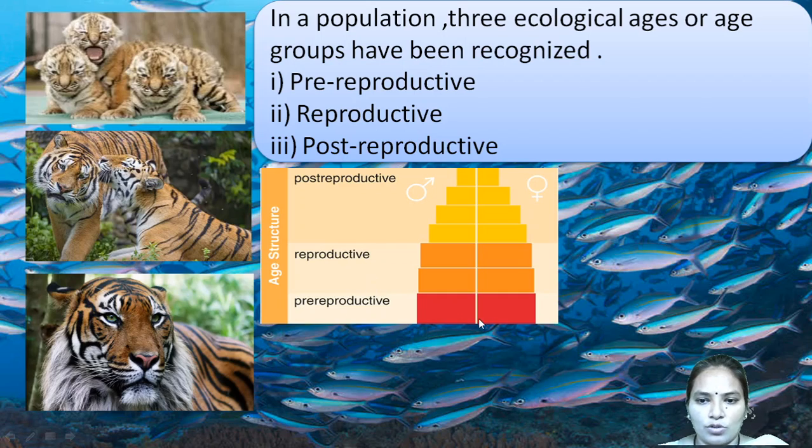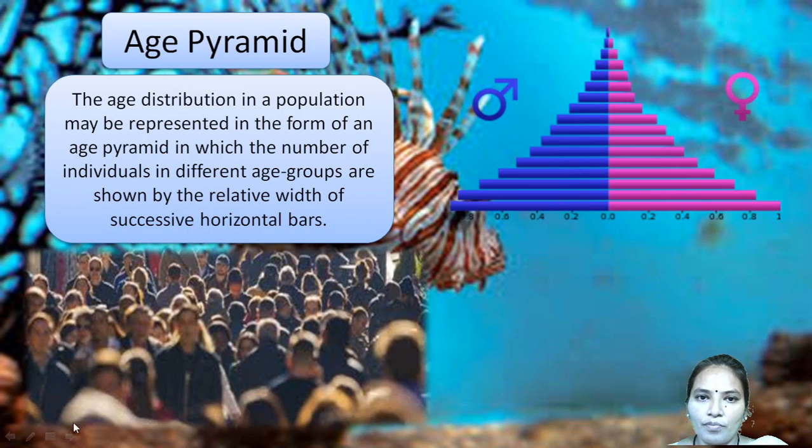In the age structure also, here we can see a diagrammatic representation of the pre-reproductive, reproductive and post-reproductive ages, which again is bifurcated into male and female.